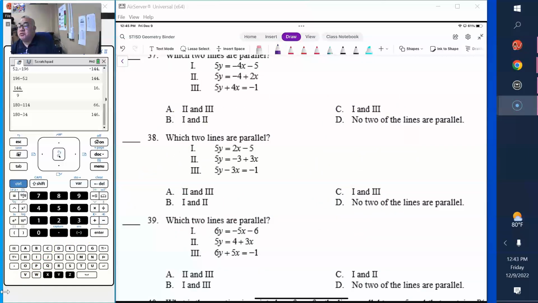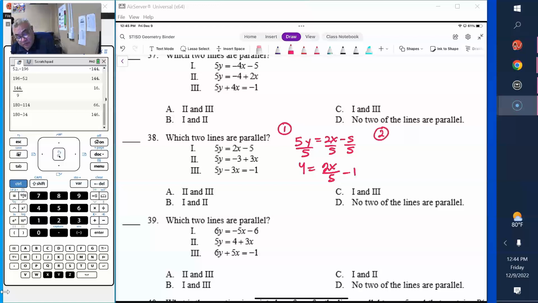38. Which two lines are parallel? So you're going to have to write it in slope-intercept form. So this is number 1. So I'm going to solve for y. This is number 1. So y equals 2x over 5 minus 1. So the slope is 2/5.